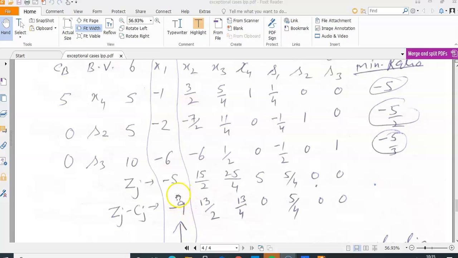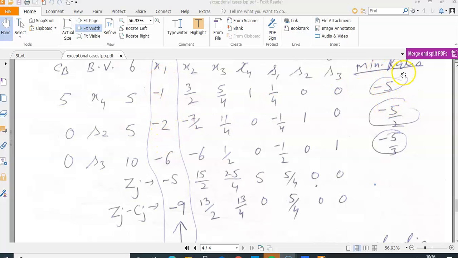The entering variable corresponds to the most negative value, that is x1, and here you see the values are -1, -2, -6. If all the values are negative, or some are negative and some are 0, then this indicates that the solution is unbounded.